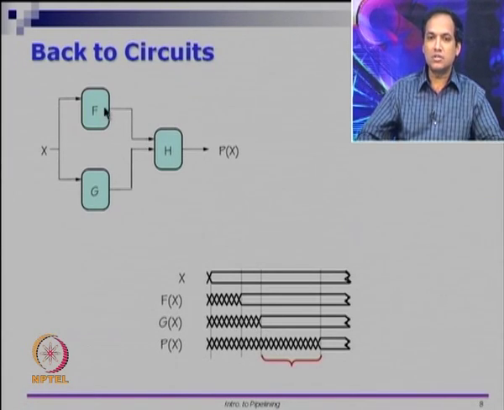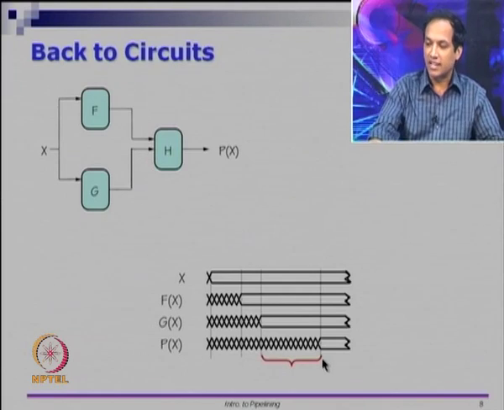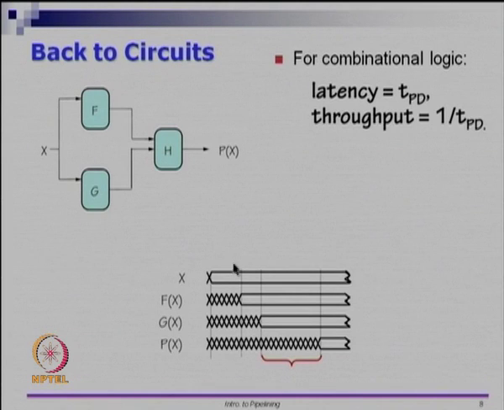H can process only after F and G are both in steady state, so you wait for both of those. This is the time taken by H. Once F settles down and G settles down, only then can you process H. So, for combinational logic, the latency that we have is the propagation delay itself.